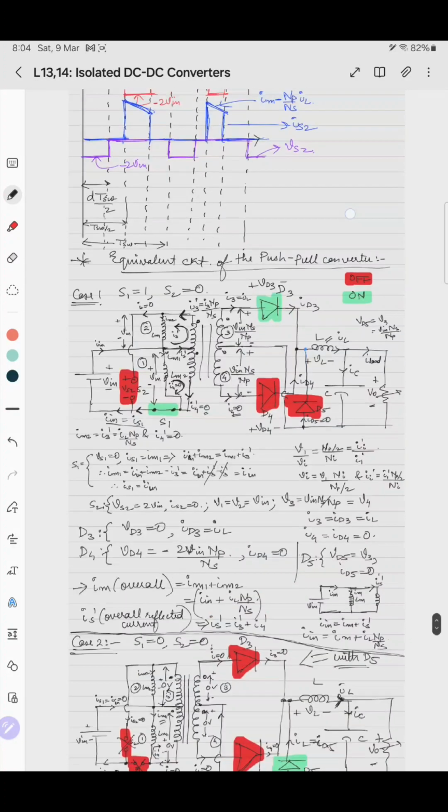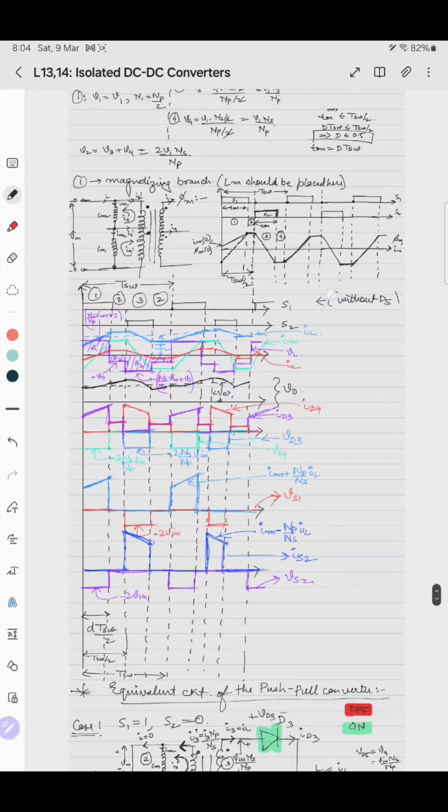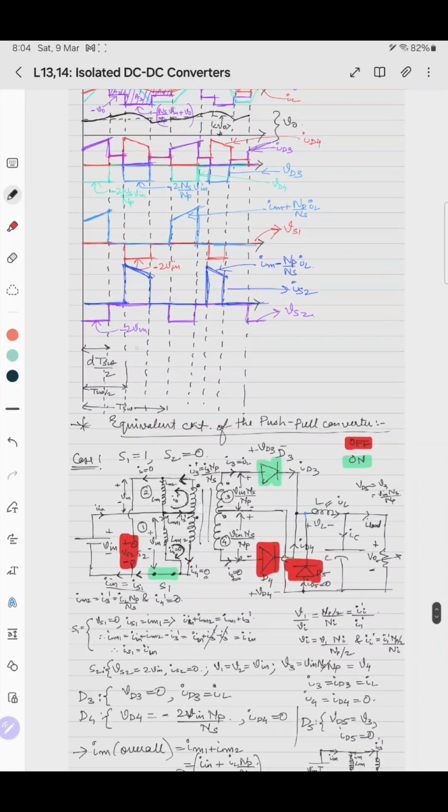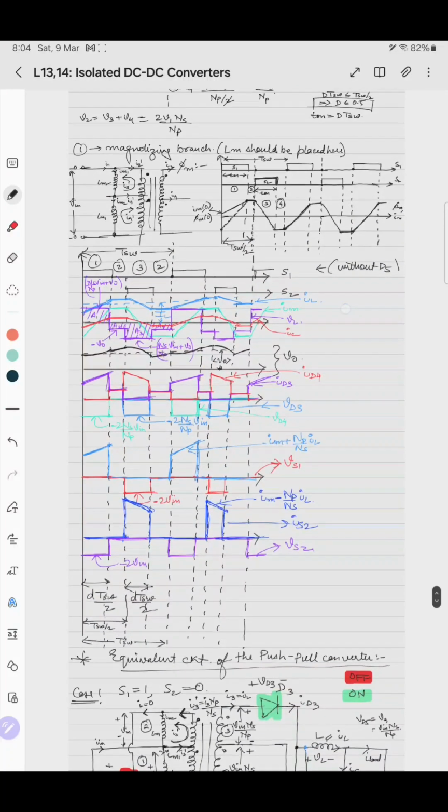A3. Again, this time is D into T switching by 2, because for both the switches S1 and S2, the on time is the same. The only thing is that the switching of S2 is delayed with respect to S1 by a time of T switching by 2.